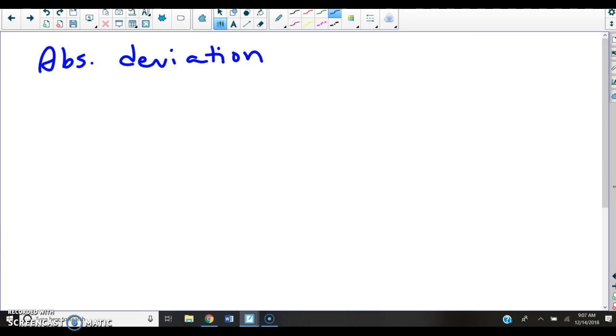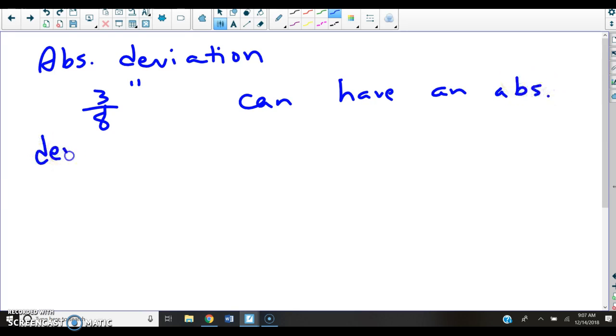So when we go back to that rope problem, and when it says 3/8 inch, it can be off, have an absolute deviation up to 1/32 of an inch.